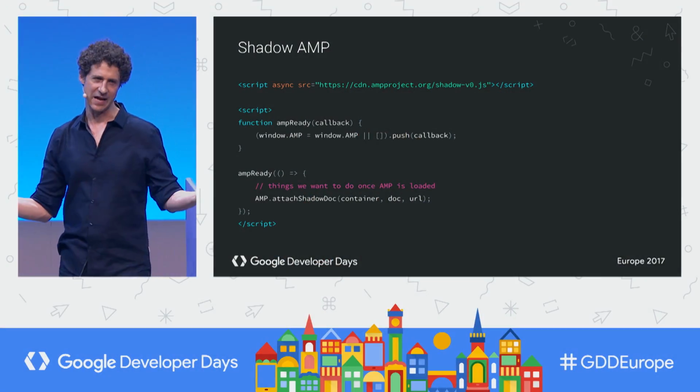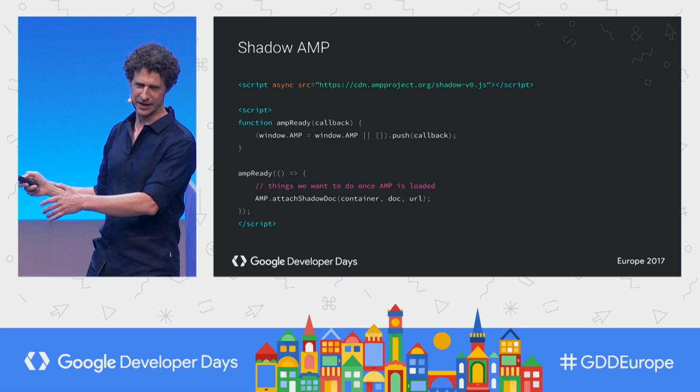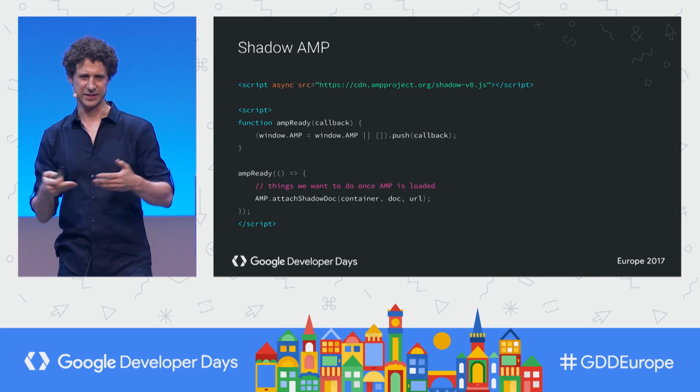You see in the middle that function we've defined called AMP_ready, which takes the callback, and simply it looks for a global called AMP. If that global already exists, it adds that callback to an array of callbacks. If it doesn't exist, it defines that as an empty array. So this way, as AMP is still loading, you can keep on attaching callbacks to this object.